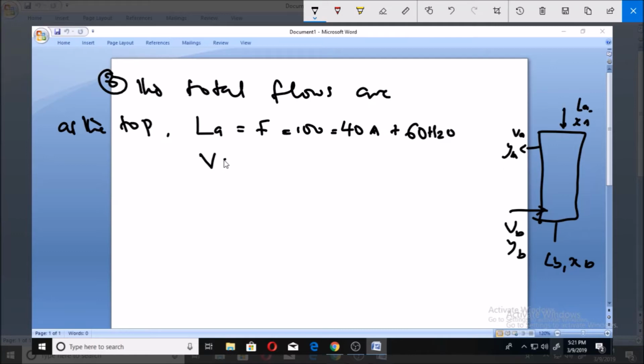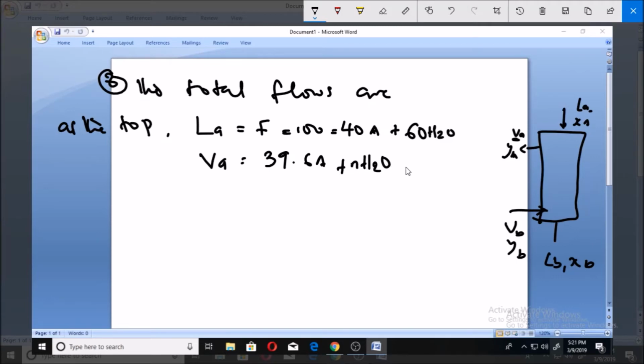Whereas VA, which is this vapor flow out, is equal to 39.6A plus N H2O.